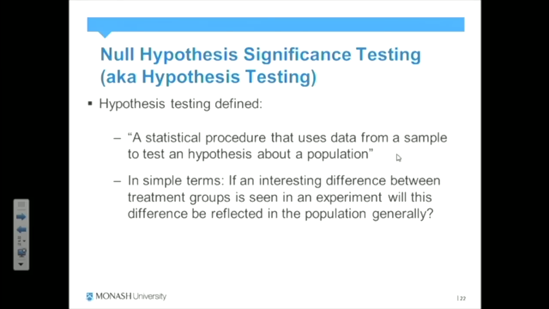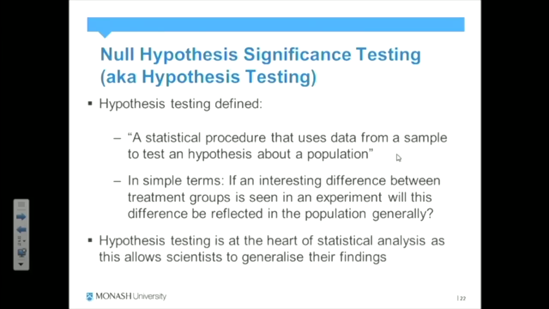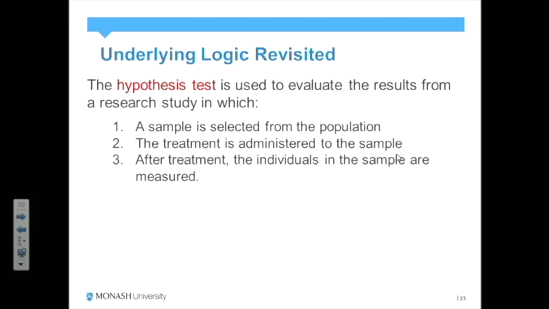If I give people treatment and I see an improvement on some score, would that same thing happen if I did it in the population with other people? Or does it just apply to my sample? In other words, is it just random error? It's fundamental to everything we do in statistics, and it allows us to generalize our findings. If we're not doing this, then all we can ever say is things about our sample, and we're not interested in doing that most of the time. We want to say things about the world at large.